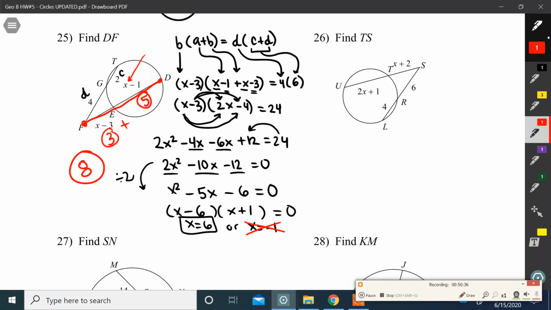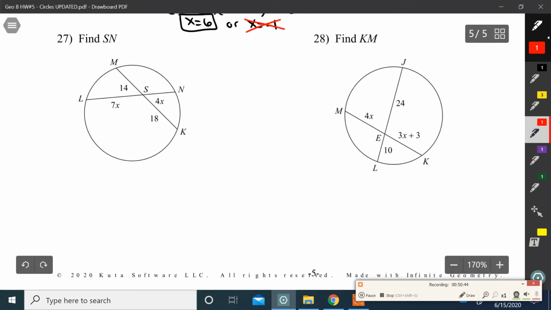So what I did there, I just plugged in 6 into the x, and then I got those numbers, and then I added those two together, and that gave me my final answer.